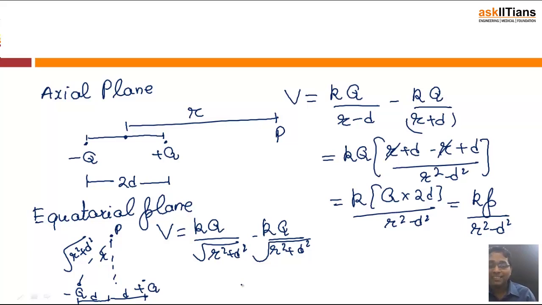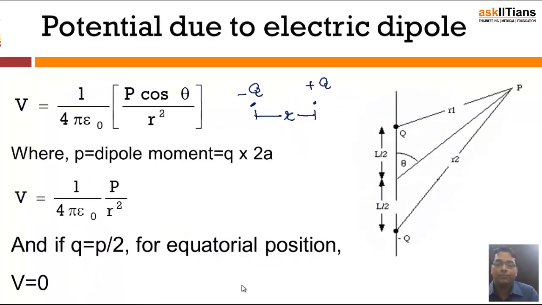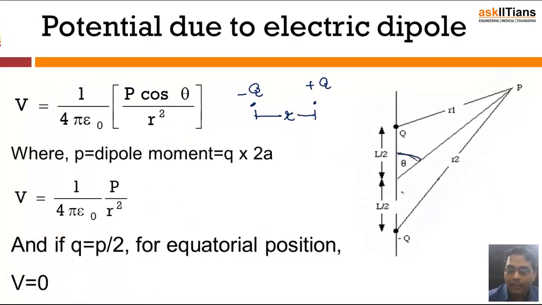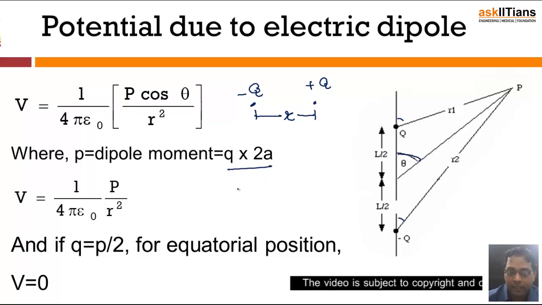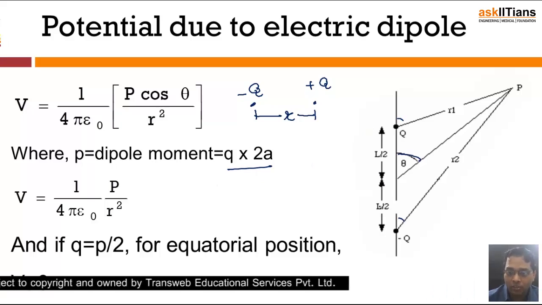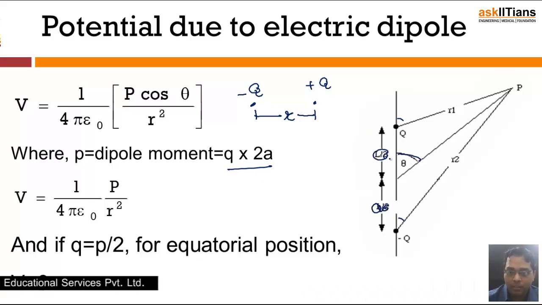Now in a generic case, you are given the angle of orientation, and we assume these two angles are nearly the same. From the center, we take a component of the dipole moment p. You know that q into 2a is the dipole moment, so each length here is a.